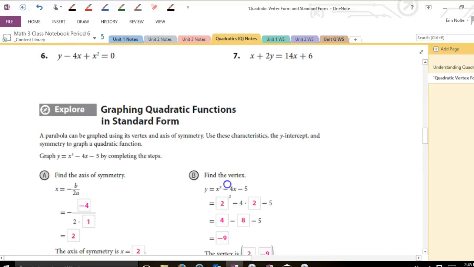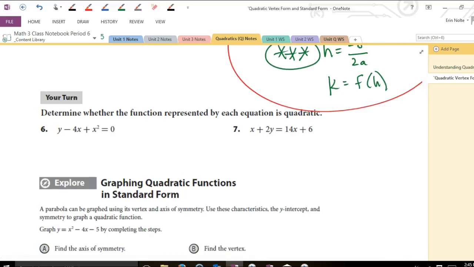All right, I'm going to go back up and talk about question number 6 and number 7 very swiftly. Questions number 6 and number 7 just simply ask you, is this a quadratic or not? So if I look at number 6, is that function a quadratic? Why? Because x is squared, right? Simply because it's squared, that's the biggest exponent.